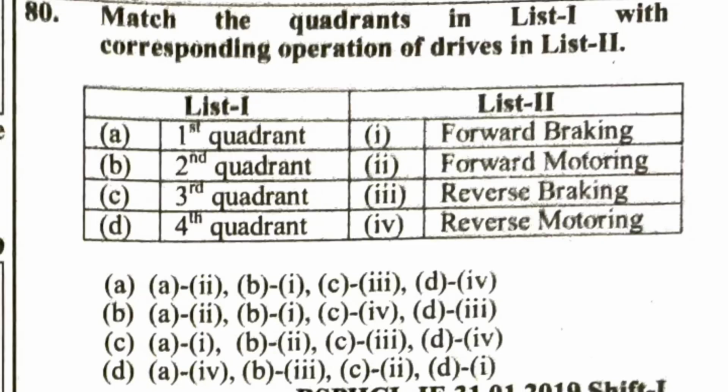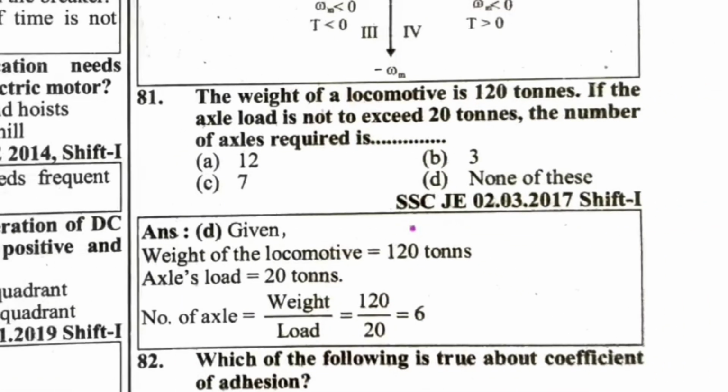ठीक है, ब्रेकिंग मोटरिंग याद रखिएगा, FFRR. ठीक है, सॉरी मोटरिंग ब्रेकिंग MB और FR, ठीक है। The weight of locomotive is 120 ton.